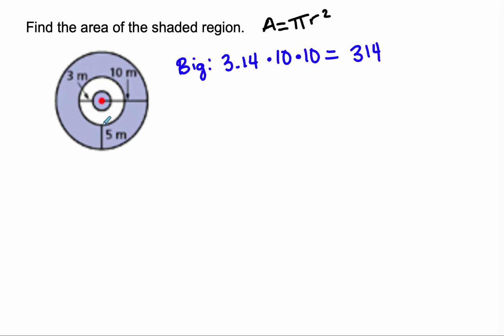We know this part is 5, which means this part, which is the radius of the medium one, is also going to be 5 because it's 10 altogether. So we're going to find the area of the medium one, we're going to subtract it, and that's going to tell us the area of the outside ring. So for this one, we do 3.14 times 5 times 5. And when we do that, we get 78.5.